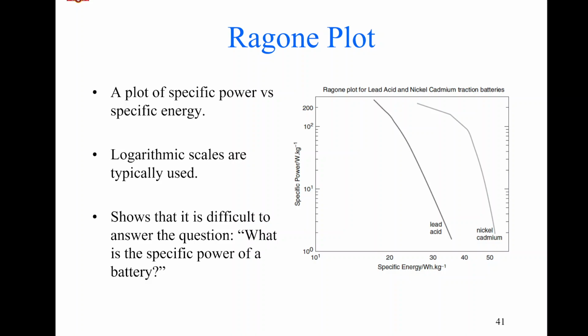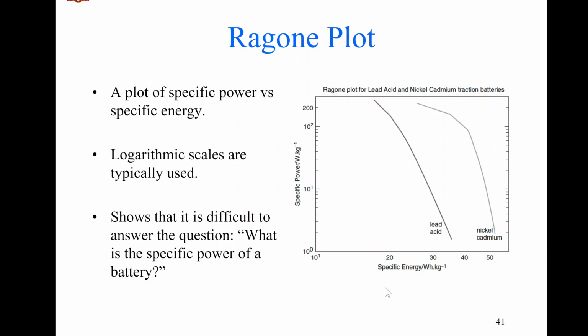Coming to Ragone plots, here we have a plot of specific power versus specific energy, and this can be used to characterize batteries, right? We are using logarithmic scales here to cover long range, and this plot tells that the lead acid battery will have a long range of specific power and the specific energy is varied in this range.